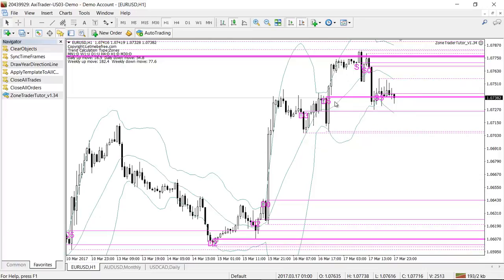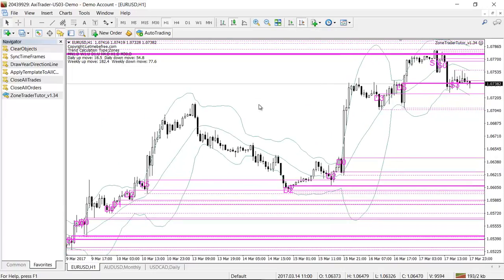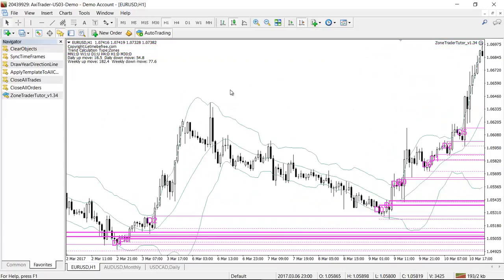You notice that this zone here, the D5 under it, the demand zone, actually just came outside, and that's why that's still included. Likewise, these ones are disabled because when they formed, they are right inside this Bollinger Band. These ones are actually enabled because if we look further back, we'll probably find that they're... I don't know whether we can do that without losing it too much.